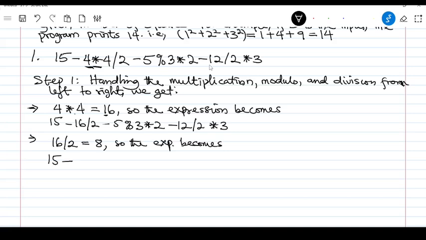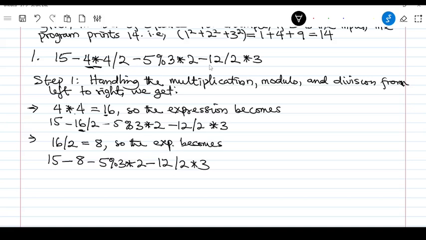We have 8, so we replace this by 8. So 15 minus 8 minus 5 modulo 3 times 2 minus 12 divided by 2 times 3. Okay, so that's the one we're having now.